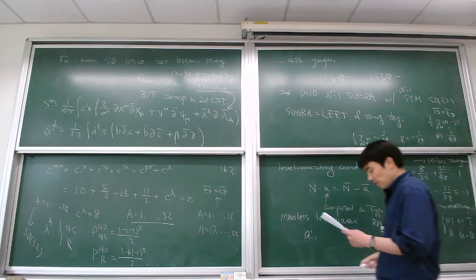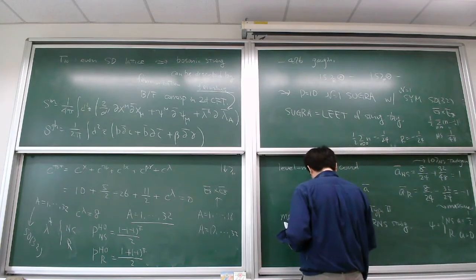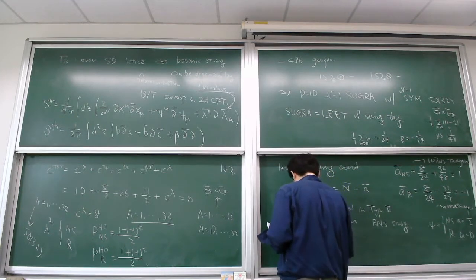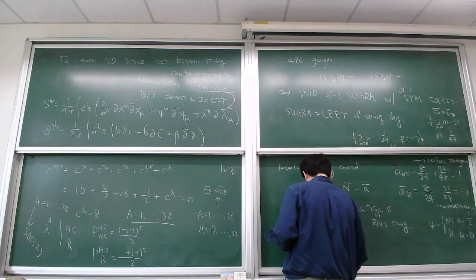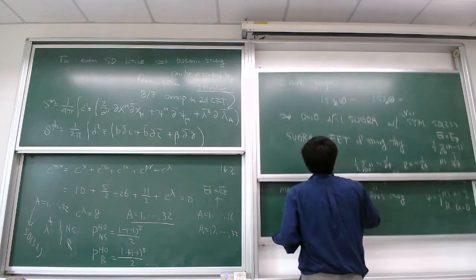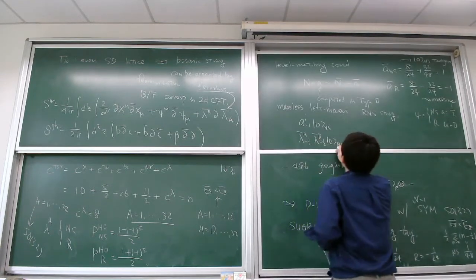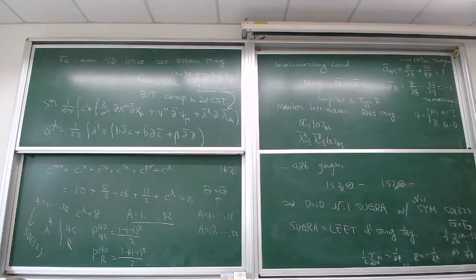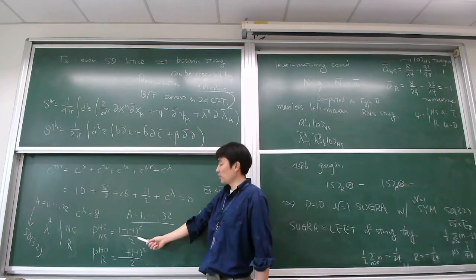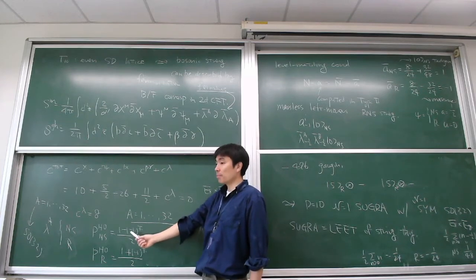And at the end of the day, we get the following spectrum. In order for the state to be preserved, you need to act with some bosonic states.